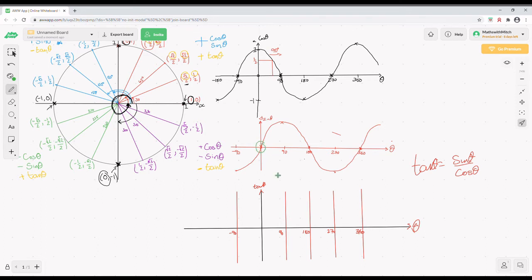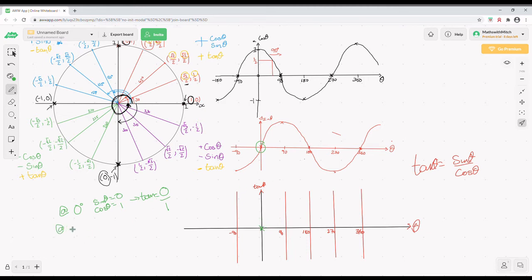We have sine equals 0. So at 0 degrees, sine equals 0, cos equals 1. So tan is going to equal 0 over 1. Now if you have 0, we just know it's the point 0. It doesn't matter what you divide it by, it's always 0. So we know it's there.